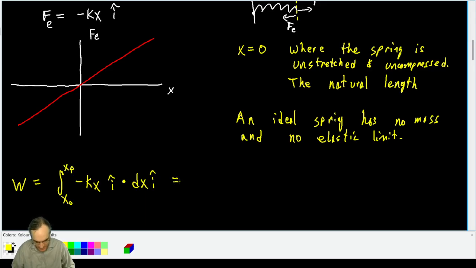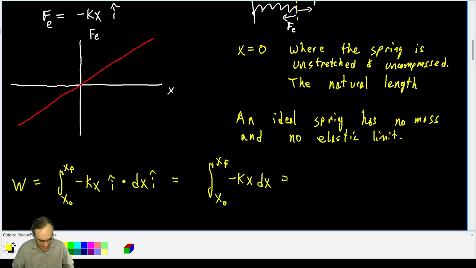We've got a dot product here, which is the simplest possible case. We're assuming that they are along the same direction. If it turns out that's wrong, the integration and our limits will handle it. So handling the dot product, we end up with kx dx because they're along the same direction i hat. Integration limit is from x naught to xf.